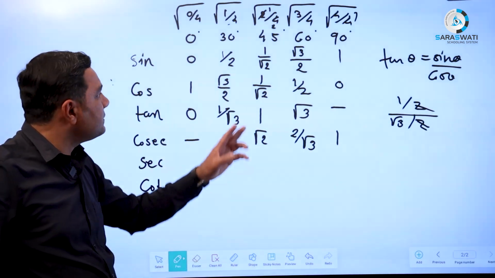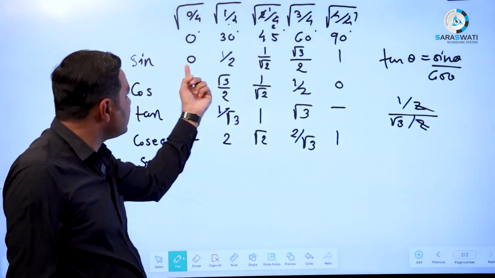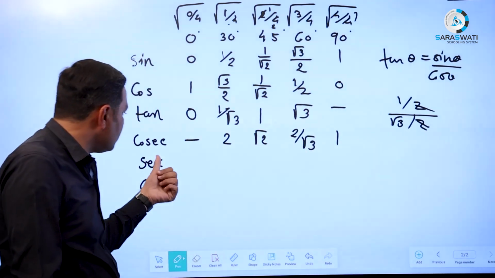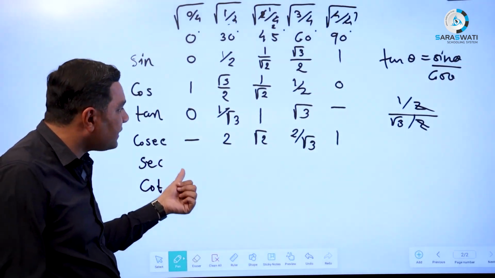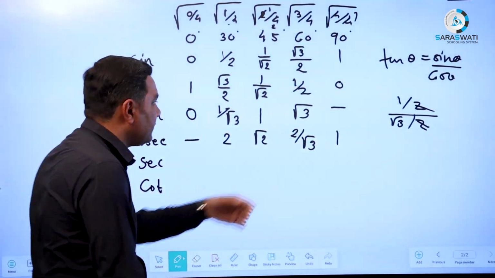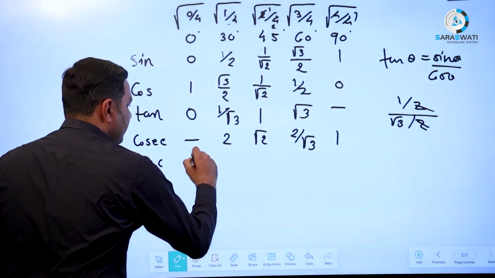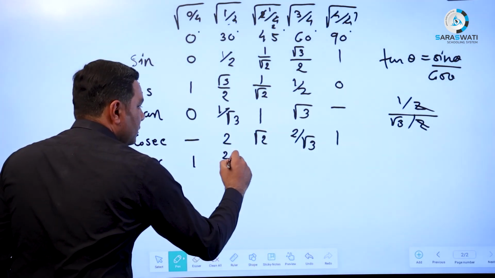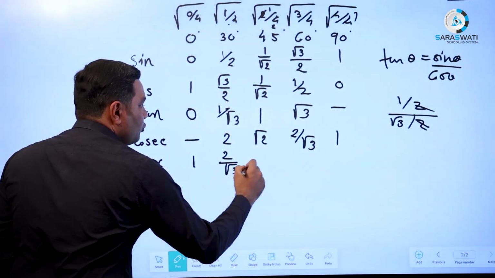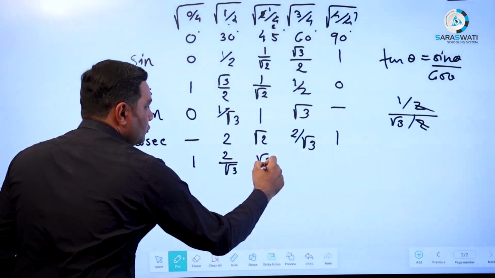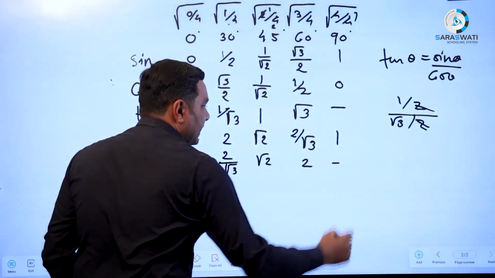And again, just like cos is the exact reverse sequence of sine, sec also has the same property, it is the exact reverse sequence of cosec. So we can start from this 1, writing in the reverse order: 1, 2 by root 3, root 2, 2 and dash.